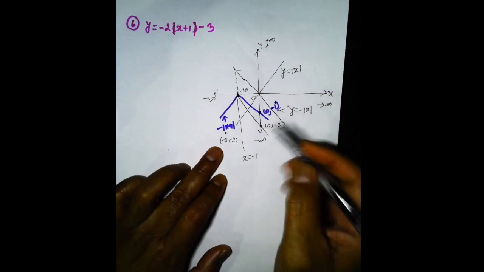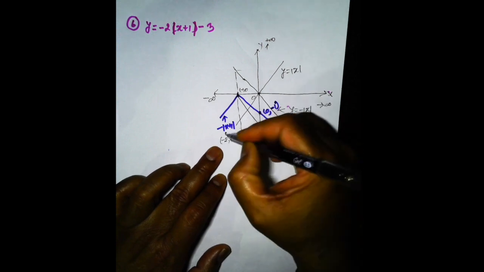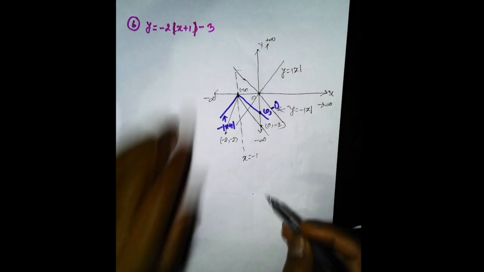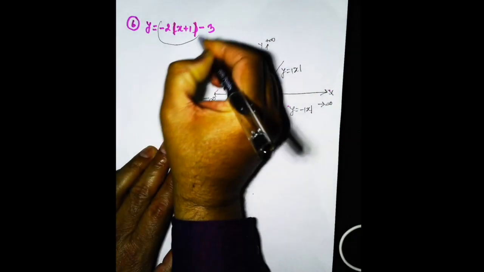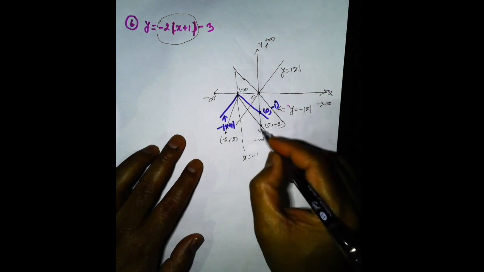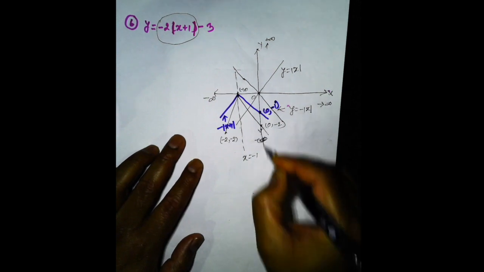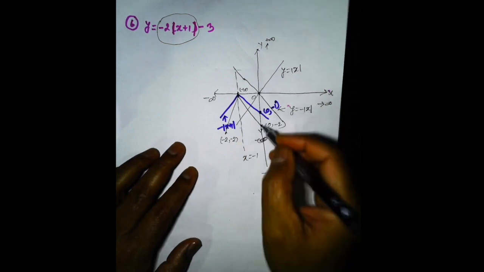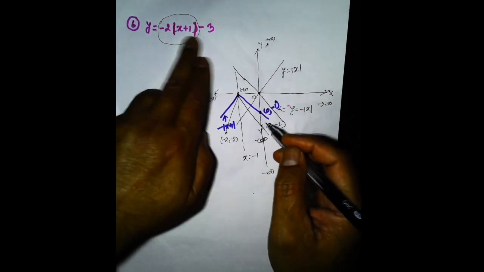So in that case your graph will be like this. Okay, so we have already worked out the graph of this part. Because the place is not enough here, you can just extend this down to some extent to negative infinity, and then you can attempt to draw the final graph.